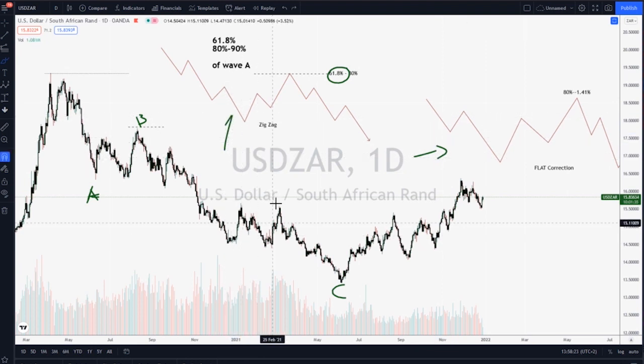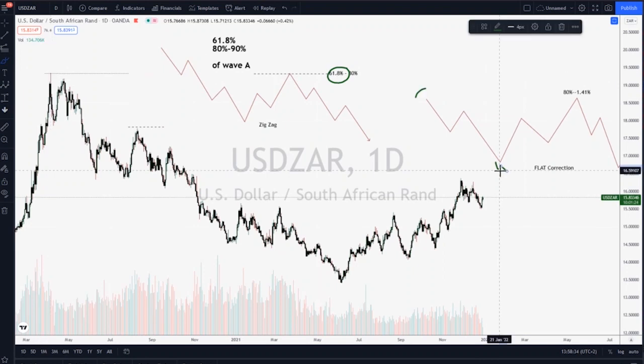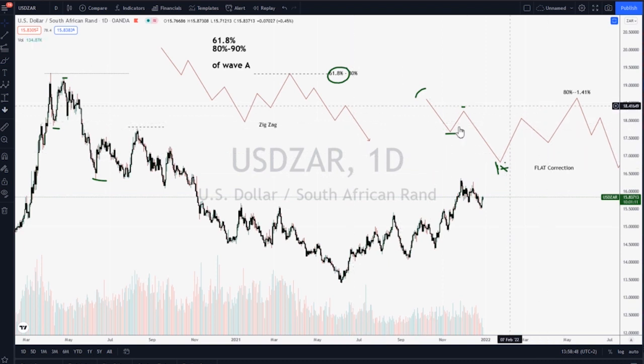Okay, let's check out that possibility. So this possibility says that A has the subwaves of 3 moves, meaning 1, 2, 3. Could that be 1, 2, 3? Let's see.